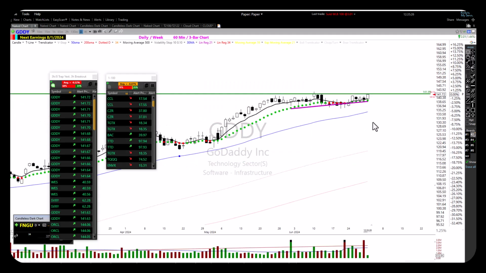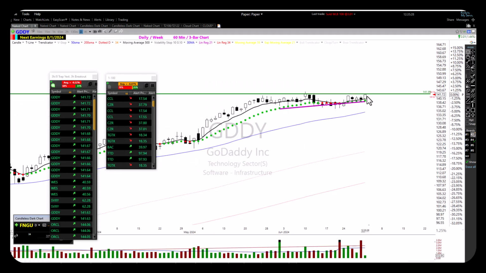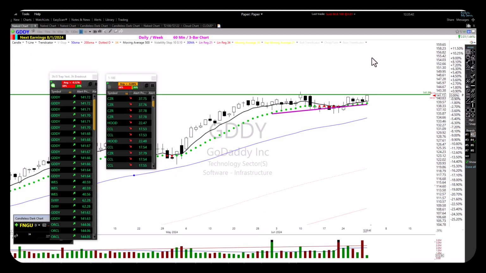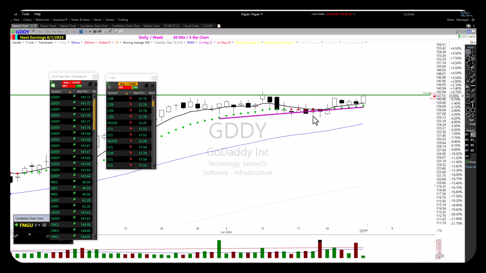GoDaddy here. That looks oh so much like a breakout coming. Yeah, looking so much like a breakout coming. I love that bottom right there and that rally up. And here's your flag, your little flag.